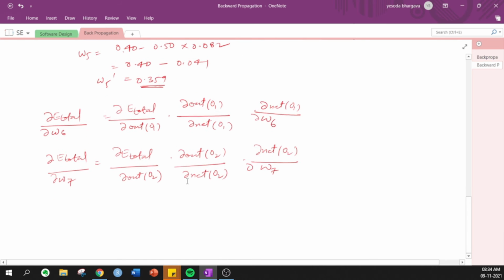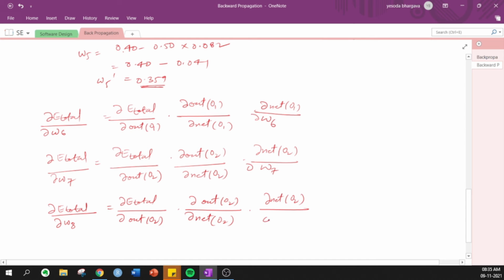And then similarly for W8, it will be like this: partial derivative of total error with respect to output O2. You can also notice a bit of symmetry between W7 and W8, and W5 and W6. So this is how you go about it.